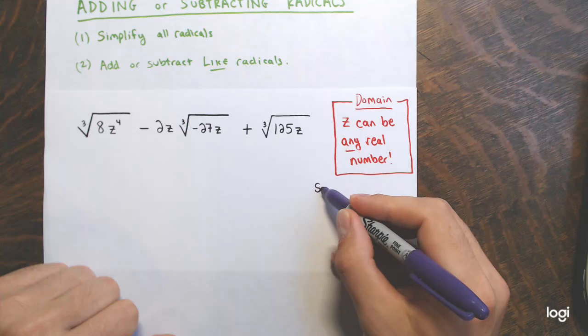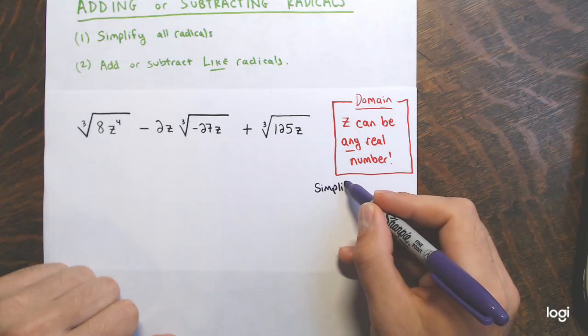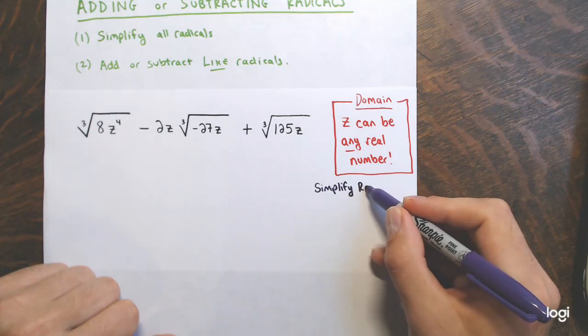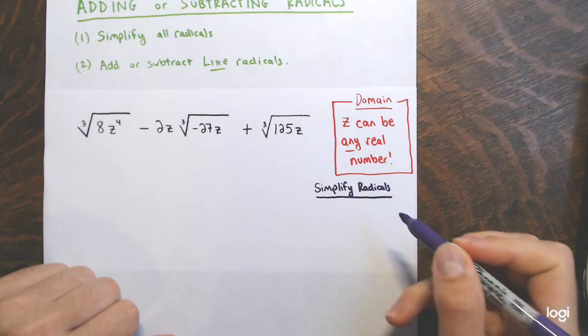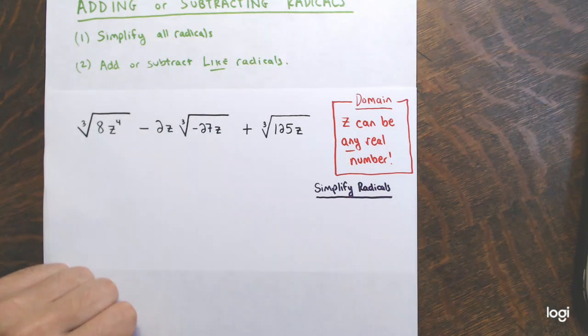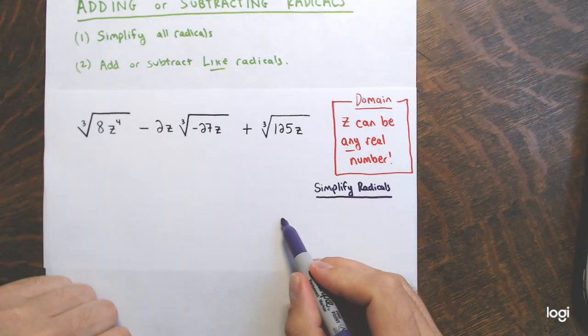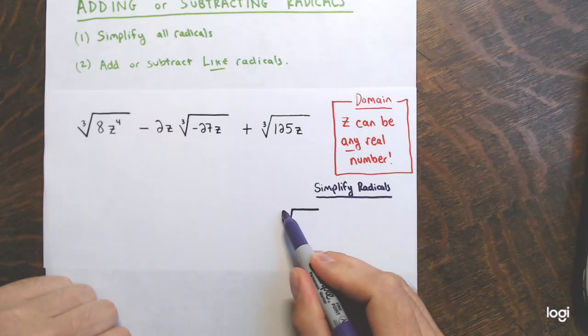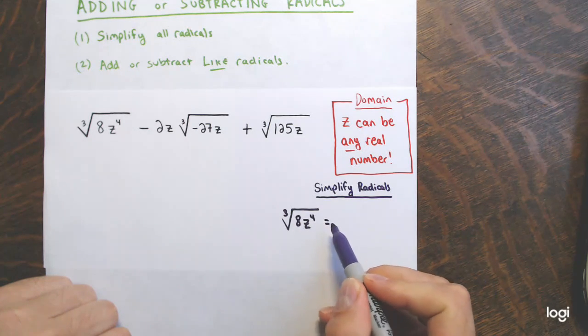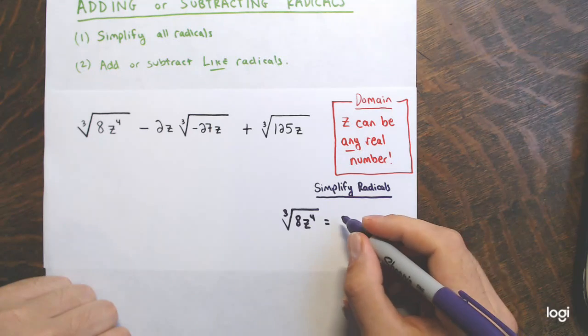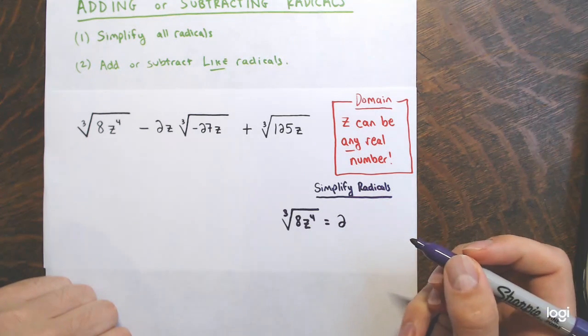So again, off to the side. Now I'll do these a little more quickly. I'm going to simplify these radicals. I'm not going to write every single little step like the last couple examples. So the first one, you have the cube root of 8z to the 4th. Well, the cube root of 8, that's 2. 2 to the 3rd is 8.